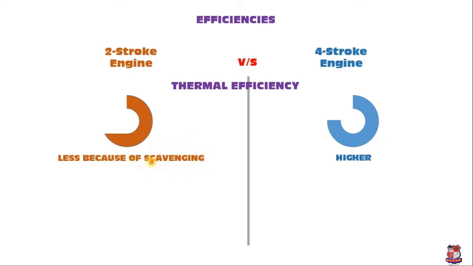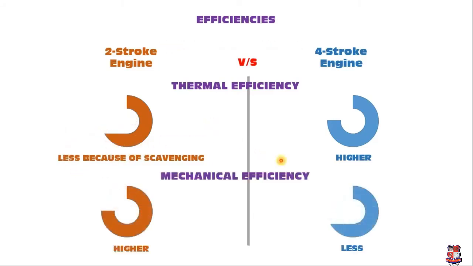Scavenging is basically sweeping out of exhaust gases from the cylinder by the fresh charge coming from the transfer port. Means the charge coming from the transfer port was pushing the exhaust gases out of the cylinder. While doing so, some fresh charge may escape from the cylinder. So that is the loss of our fresh energy.